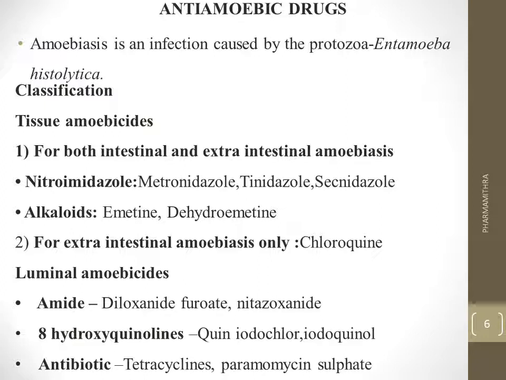The alkaloids used for both intestinal and extra-intestinal amoebiasis are emetine and dehydroemetine. For extra-intestinal amoebiasis only, we can use chloroquine. Going to the luminal amoebicides, they include the amides, for example diloxanide furoate and nitazoxanide, the 8-hydroxyquinolines, that is chiniofon and iodoquinol, and antibiotics including tetracycline and paromomycin sulfate.